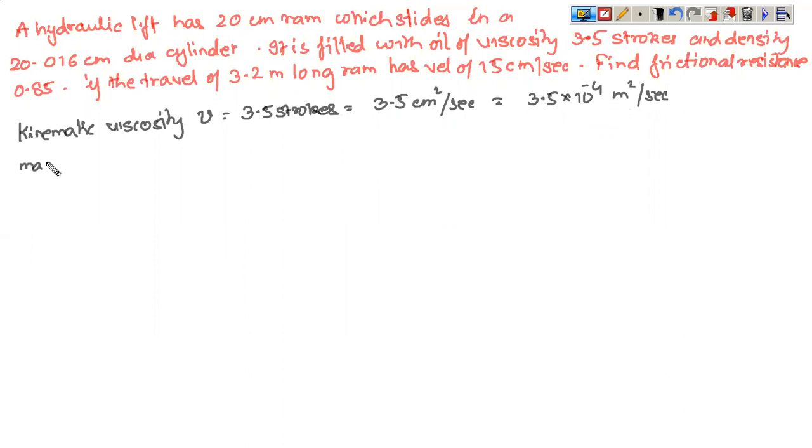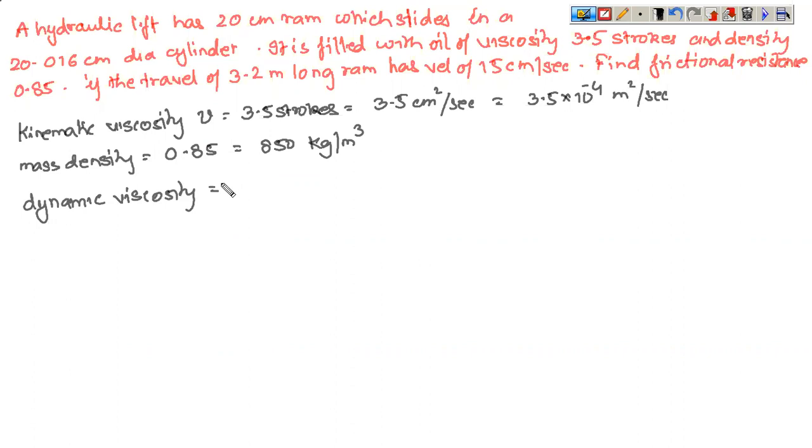अब मास डेंसिटी गिवन है, this is 0.85. Mass density is given as 0.85. So if you convert it into kg, this is 850 kg per meter cube. ठीक. Now dynamic viscosity is mu is equal to rho into v.